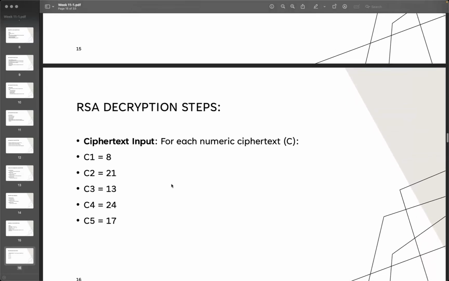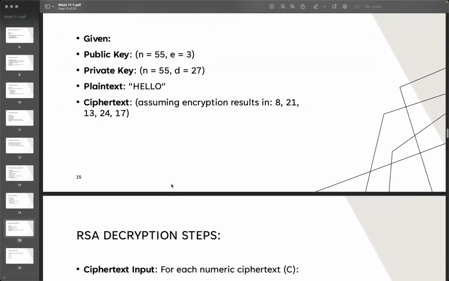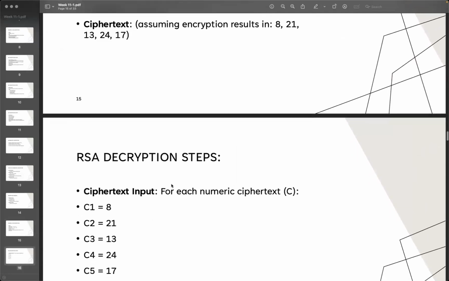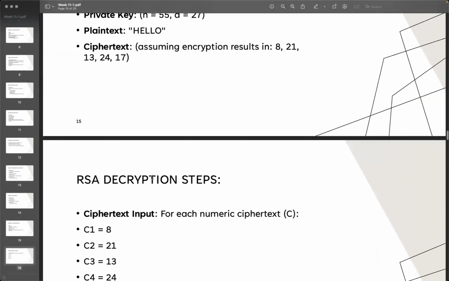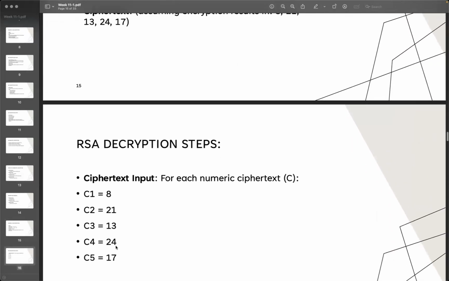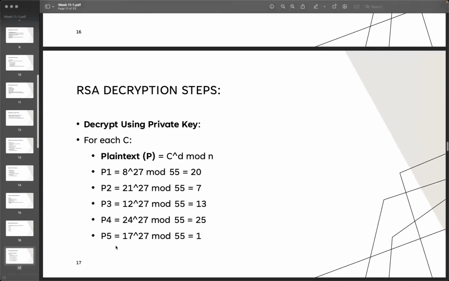First, for the ciphertext, we need to convert all the letters for the input. So maybe we have 7, 8, 21, 13, 24, 17. So we start with the decryption.